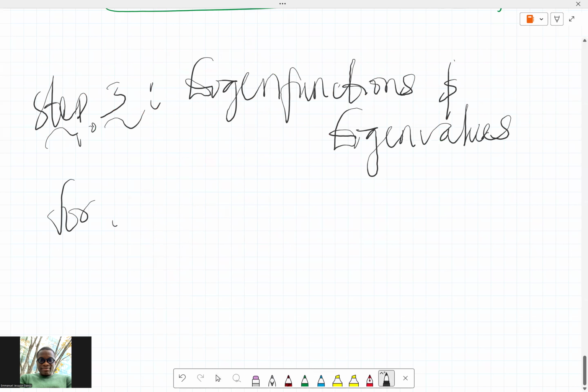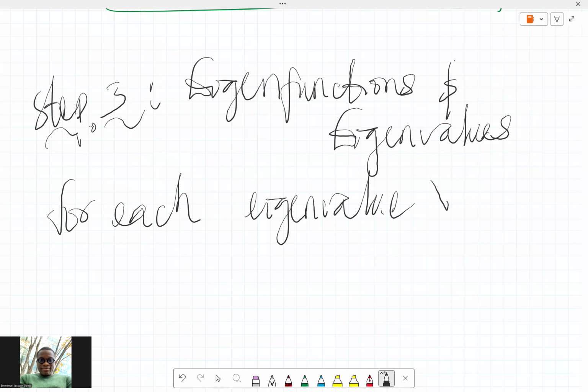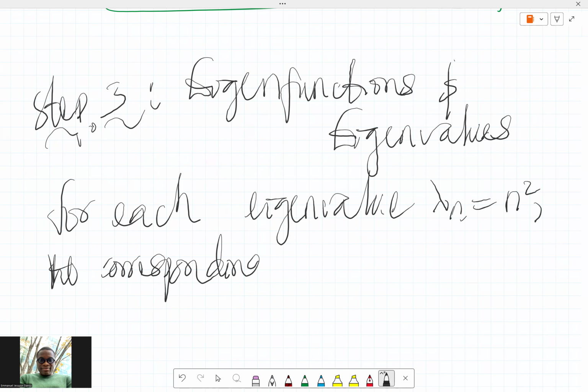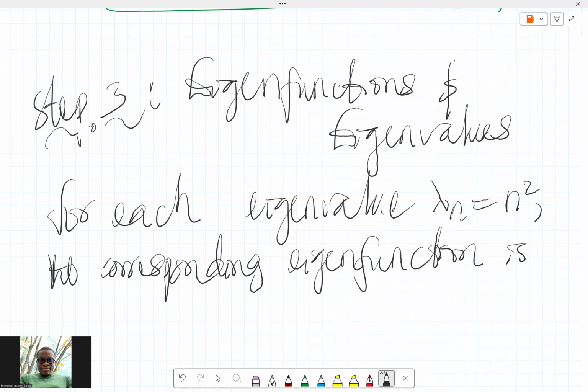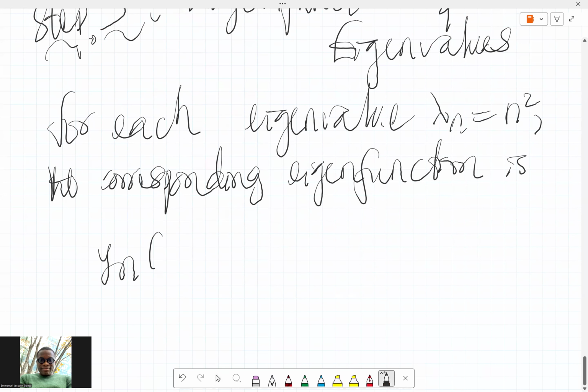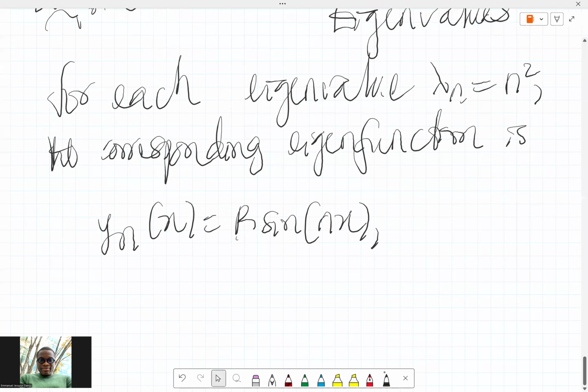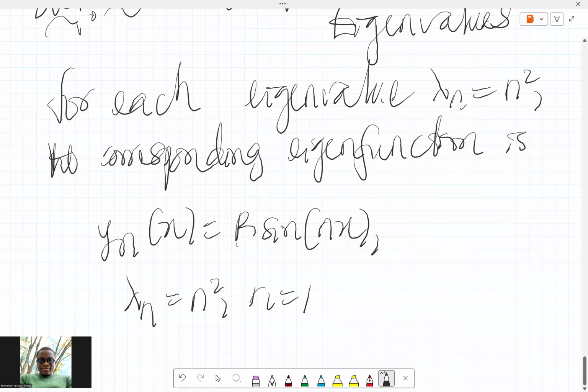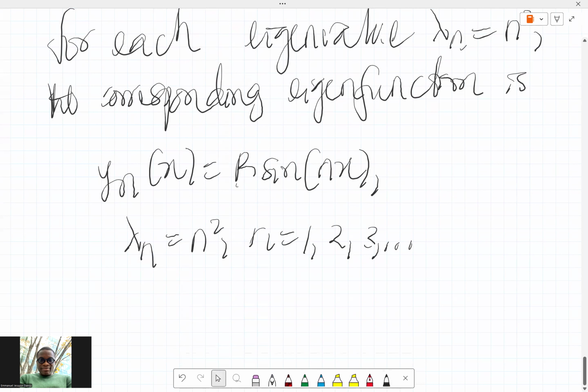So we say for each eigenvalue, lambda n equals n squared, the corresponding eigenfunction is y n of x, which is equal to b sine nx. And with that, we have lambda n equals n squared, with n equals 1, 2, 3, like we saw the other time. So it's like we have the complete set with this now.